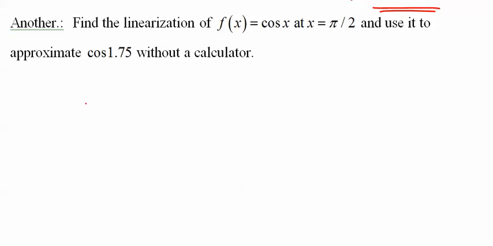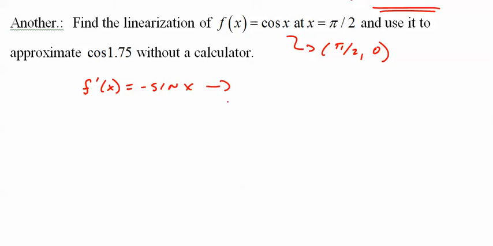So let's try it again. Plug in pi over 2. Get out pi over 2 comma 0. Take the derivative. In the interest of time, I'll keep it very, very quick. Negative sine of x. Put in pi over 2.